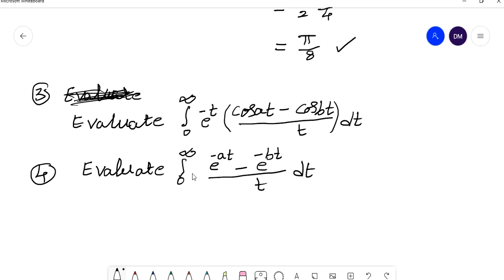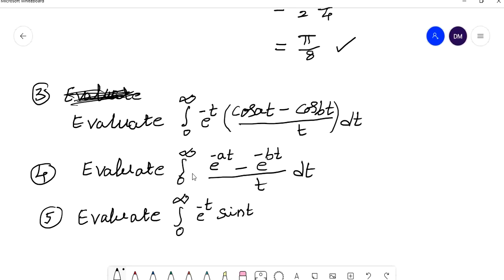And the fifth problem: evaluate integral 0 to infinity e power minus t sin t by t into dt. So you can practice these three problems.